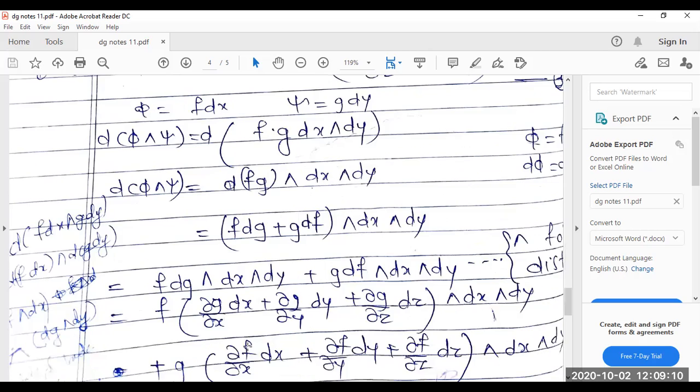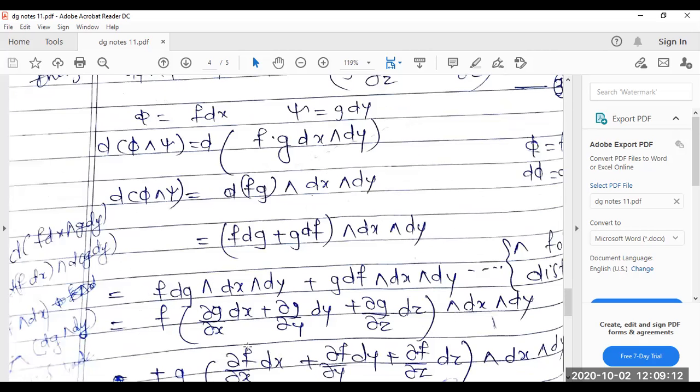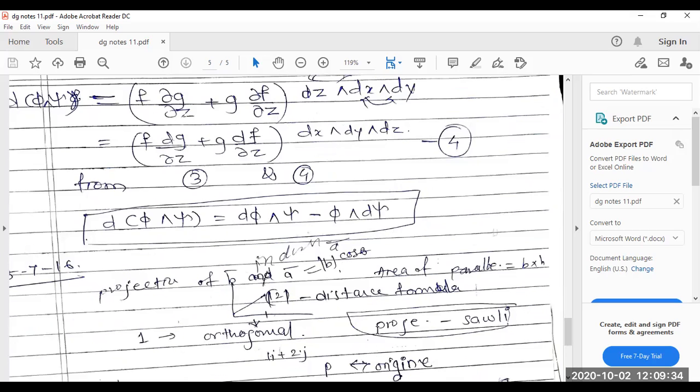So obviously some terms will be 0, because here dx is there, and here dx. Again the first and second terms are 0, we remain with only the third term, right? You see here, partial g by partial x dx, and outside of the bracket is the wedge product with dx and dy. So the first term is 0. If you evaluate this bracket, the second term is also 0, the third term remains.